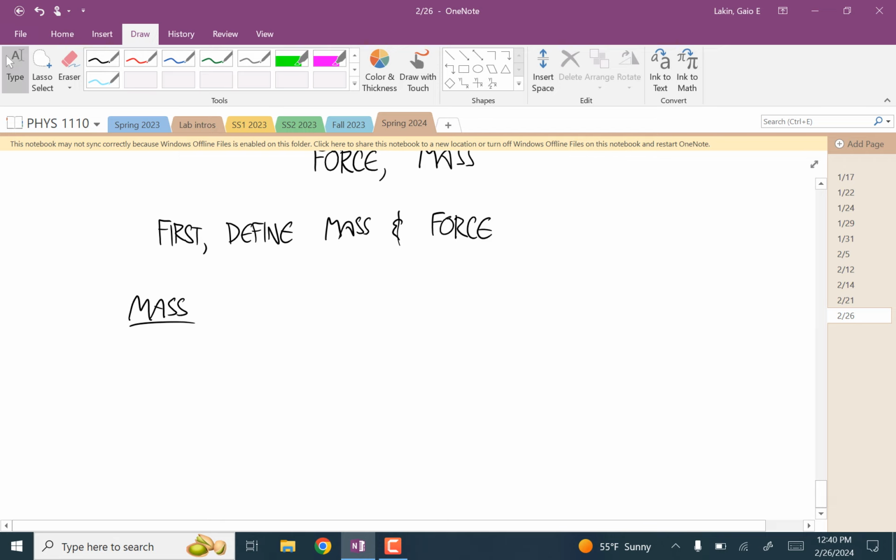And the definition that we're going to use for mass is a measure of an object's resistance to acceleration.